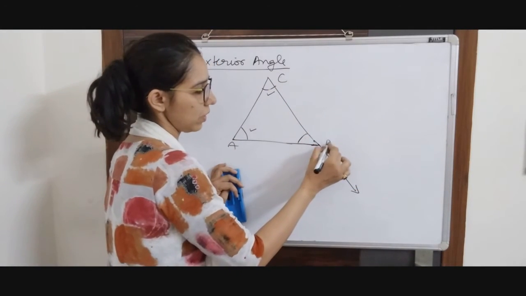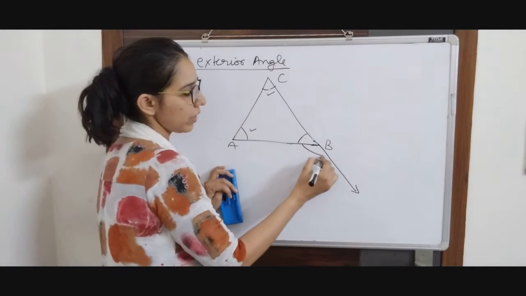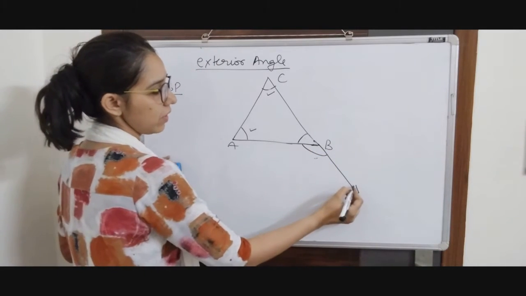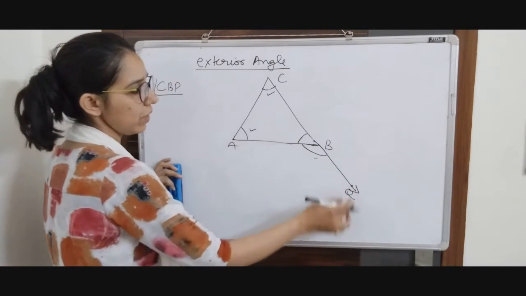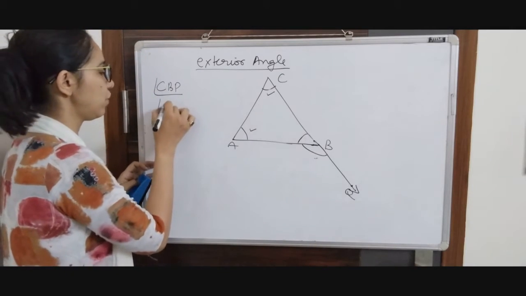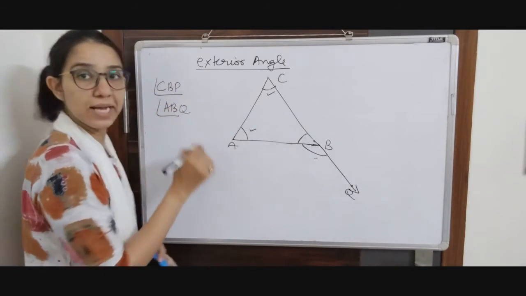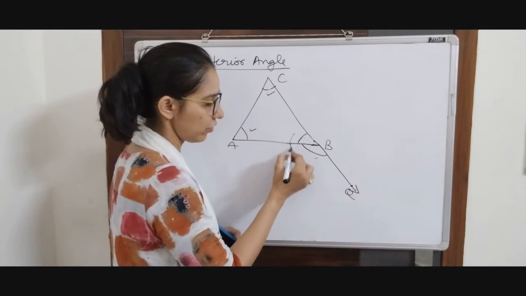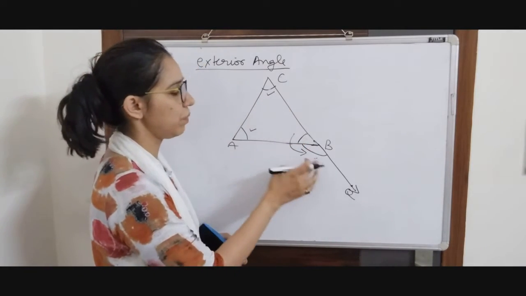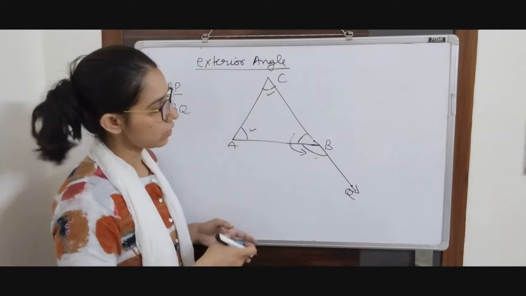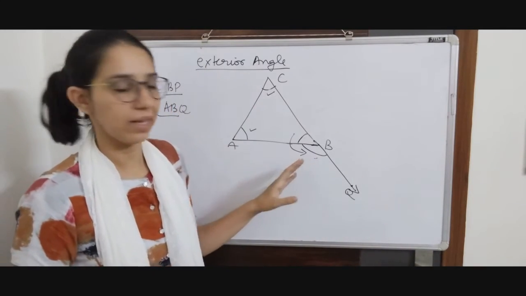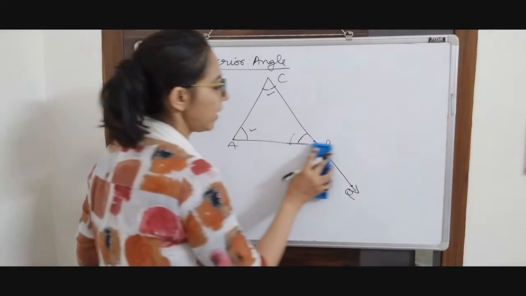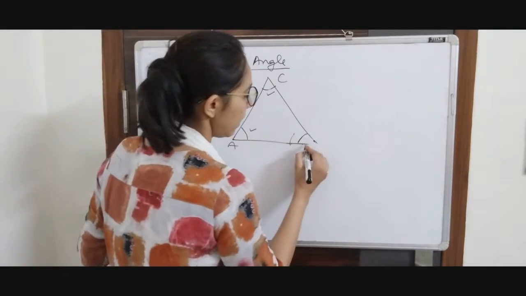This point is B. An angle is formed here, suppose this is Q. ABQ is an exterior angle, this angle is adjacent to it, and these angles will be opposite to this exterior angle.